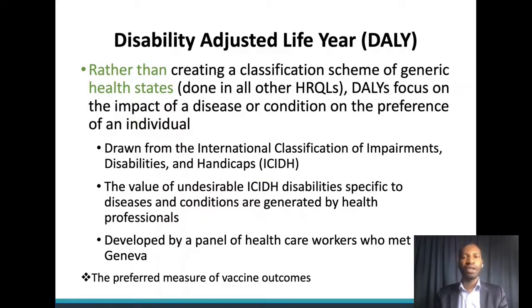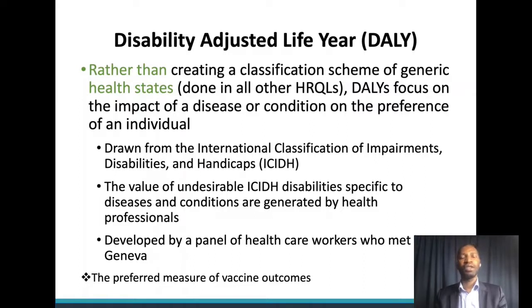So rather than creating a classification scheme of generic health states done in all other health-related quality of life, DALYs focus on the impact of a disease or condition on the preference of an individual. It's drawn from the International Classification of Impairments, Disabilities, and Handicaps.